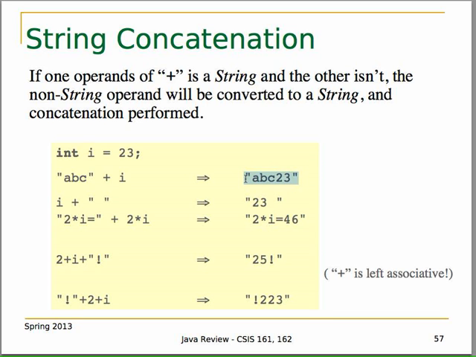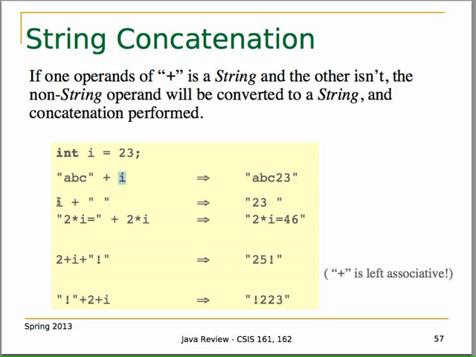Now the logic behind this is pretty straightforward. What really happens is you convert this int to an equivalent string, and that's the key to understanding how concatenation works with not just strings, but things like an int or a double or float. If you have one of these basic or primitive data types like ints, floats, or doubles, they are converted to a string, and then the concatenation occurs.